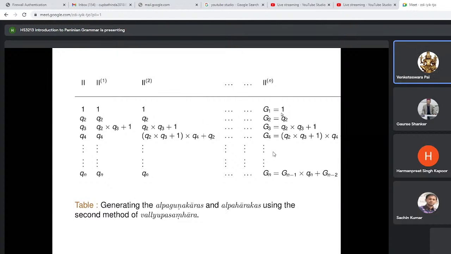So you will get 1 as the first term, Q2 as the second term, Q2 into Q3 plus 1 as the third term. All those terms become the successive multipliers of that ratio h by g. So G1 equals 1, G2 equals Q2, G3 equals Q2 into Q3 plus 1, and so on.